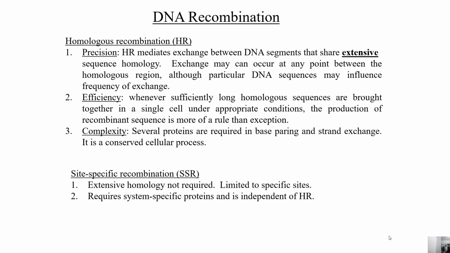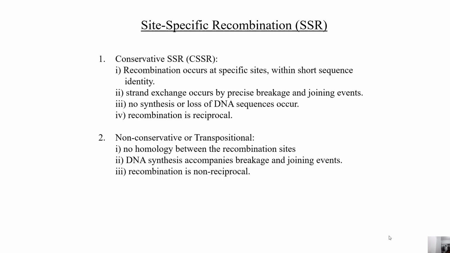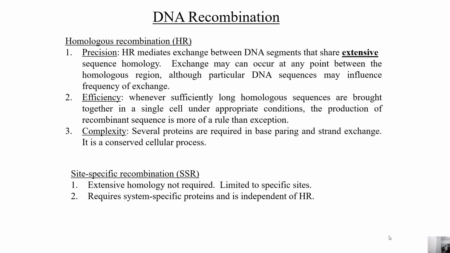If you talk about DNA recombination, it is homologous recombination. It's precision. HR mediates exchange between DNA segments that share extensive sequence homology. An exchange can occur at any point between the homologous region, although particular DNA sequences may influence the frequency of exchange.